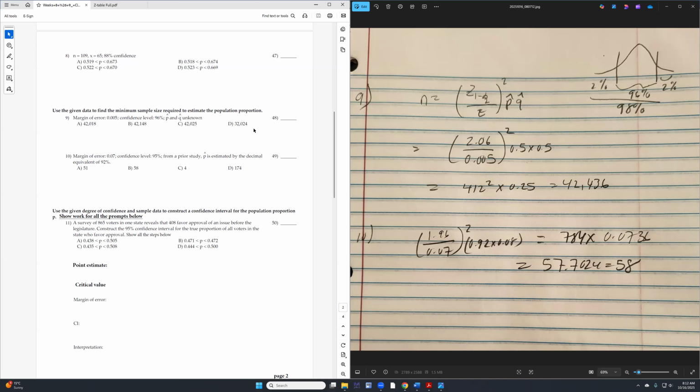And so this gave me a bit of a pause here, because I would think when you're unknown, you use your best estimate, which is 50-50. I mean, that's what I would use. But again, it's hard to say because when I did the problem, I didn't get one of these four answers, but I came pretty close. So the question would be, what did this professor use for the expected value?